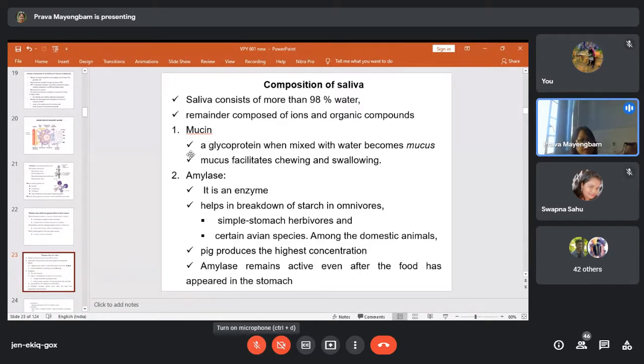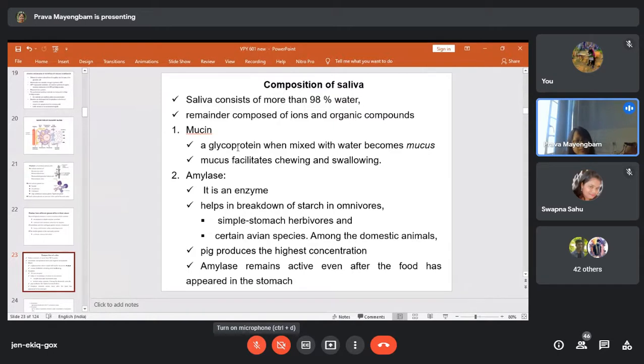Who are the main components? One is mucin. What is mucin? It is a glycoprotein. That means it has a carbohydrate component as well as a protein component. When mucin is mixed with water, it becomes mucus. Somewhere you may find it written as mucous, it's the same.